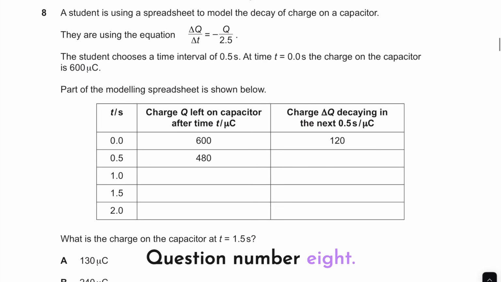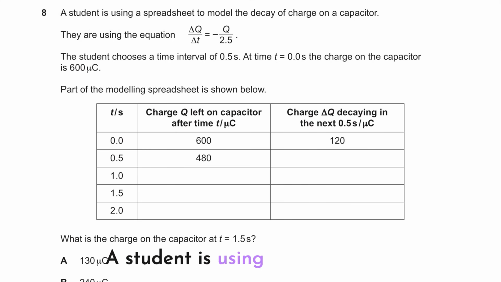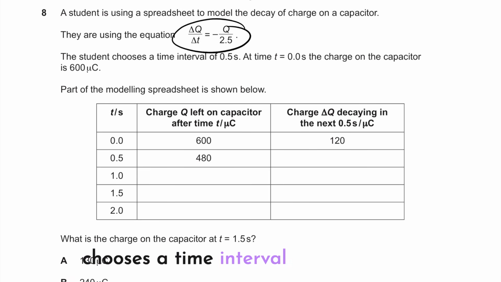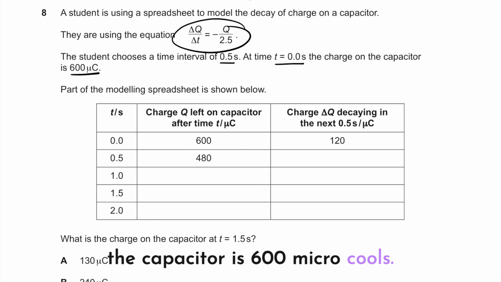Question number 8. A student is using a spreadsheet to model the decay of a charge on a capacitor. They're using this equation. The student chooses a time interval of 0.5 seconds, and at t equals 0, the charge on the capacitor is 600 microcoulombs.